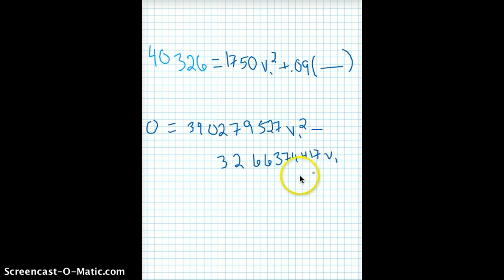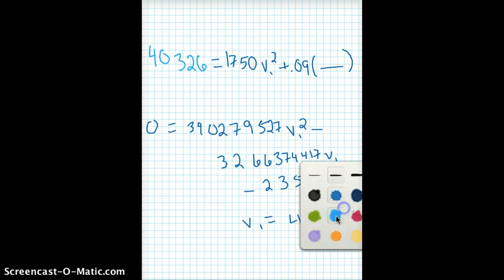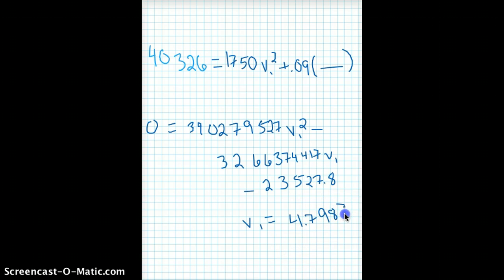And you can solve for your V1 and plug in. I ended up with V1 of 4.7987. And when I plug that back in, V2 equals 17.9 meters per second.